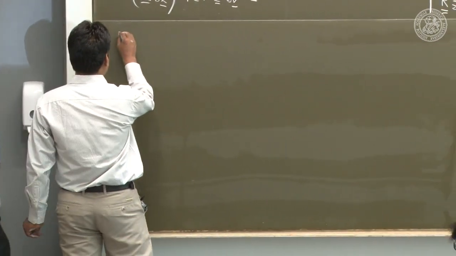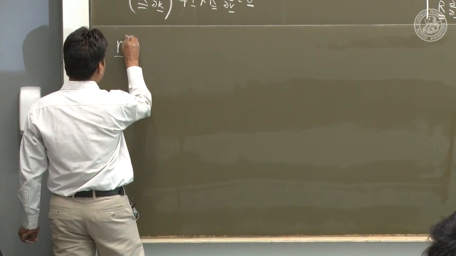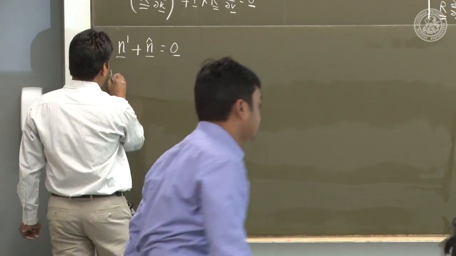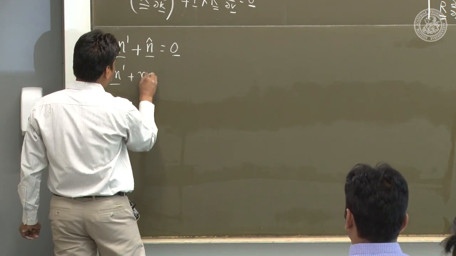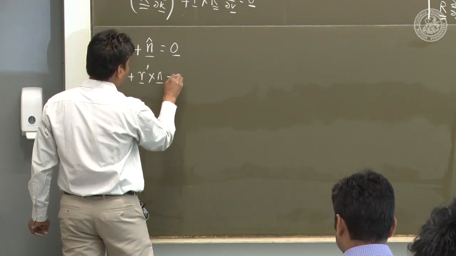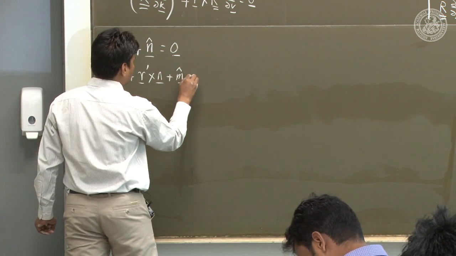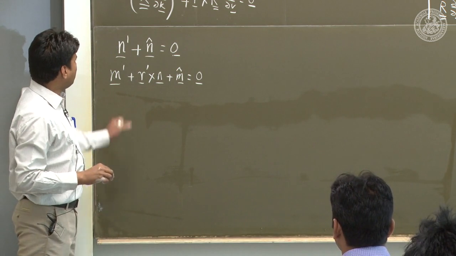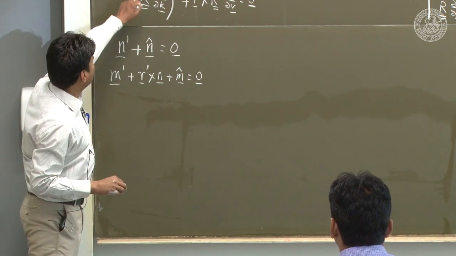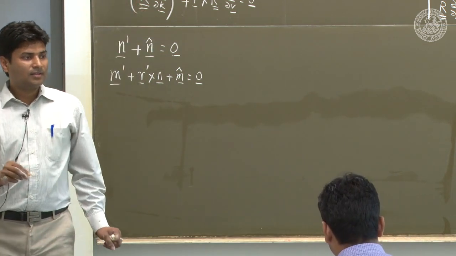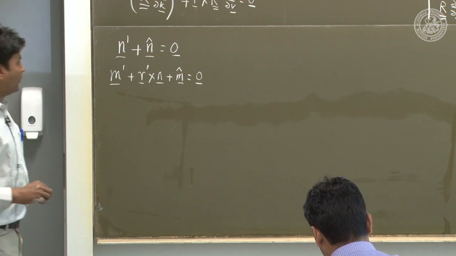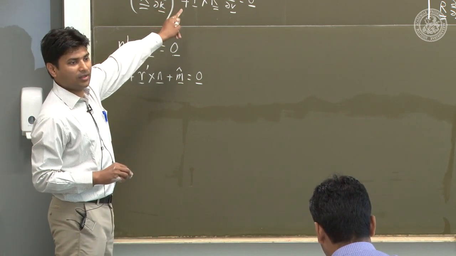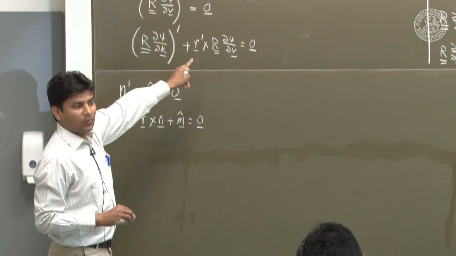Okay, so your equations from Newton's law were n prime plus n hat equal to 0 and m prime plus r prime cross n plus m hat equal to 0, right? Can we make a comparison between these two equations and the equations up there? We do not see the distributed load and distributed couple present there. Why?